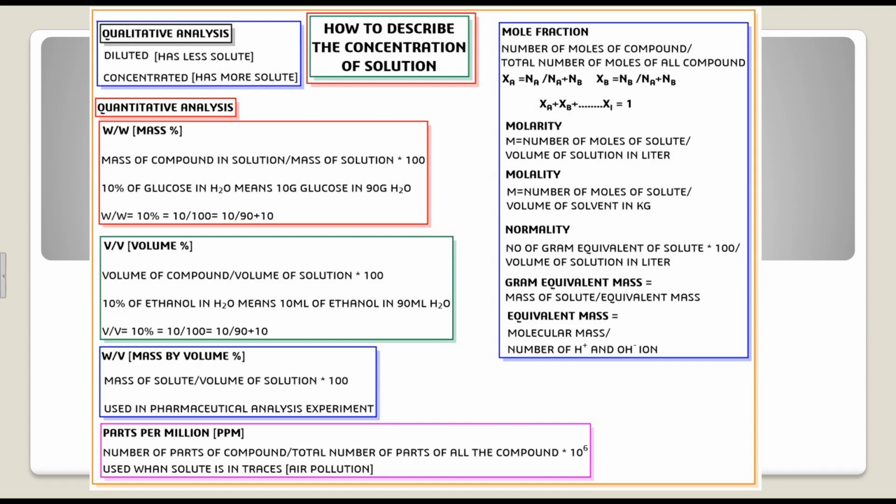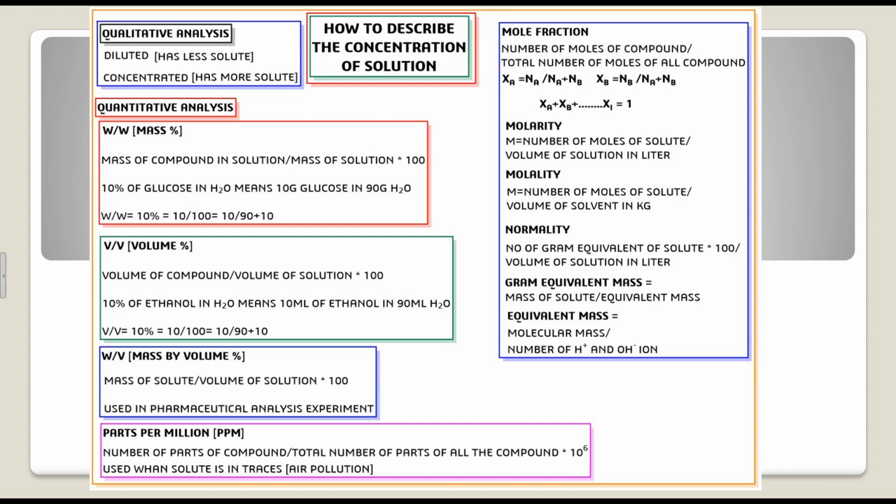What is molality? The formula is number of moles of solute divided by mass of solvent in kg. Molarity is in liter, molality is in kg. That is the only difference. Normality, the formula is number of gram equivalents of solute divided by volume of solution in liter. Gram equivalent is mass of solute divided by equivalent mass.